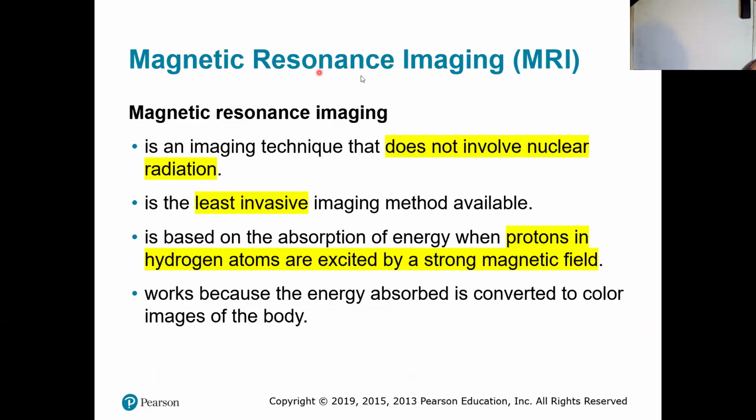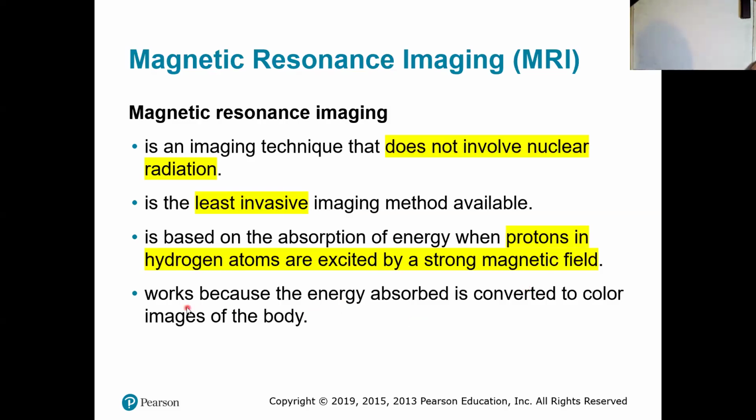There's also magnetic resonance imaging or MRI imaging. This is an imaging technique that doesn't involve nuclear radiation, and it is considered the least invasive because of that. The MRI imaging is going to be based on the absorption of energy from the protons in the hydrogen atoms being excited by the very strong magnetic field of the MRI instrument.